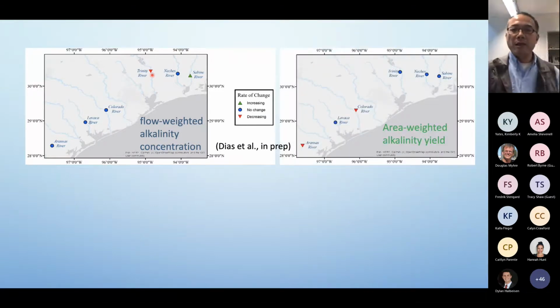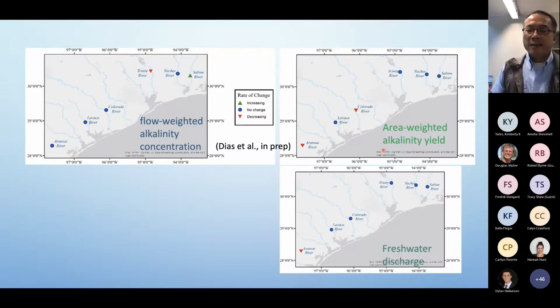The second plot shows area-weighted alkalinity yield. The rivers in the north don't have a trend, but the Colorado River, another large river in the state, and the Aransas River have seen area-weighted alkalinity yield going down over the past few decades. And at last, this figure shows the net discharge.